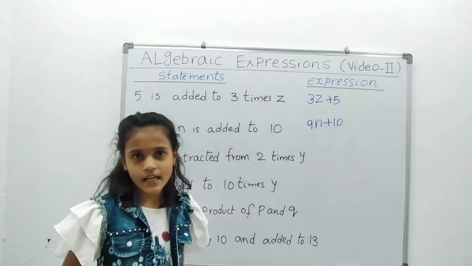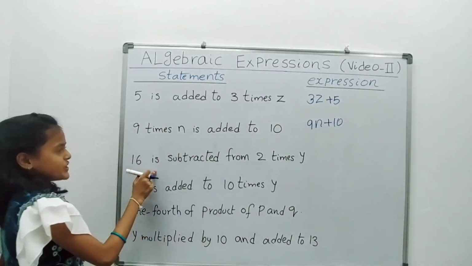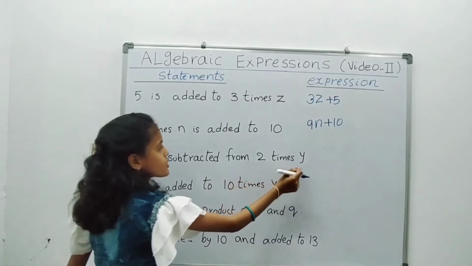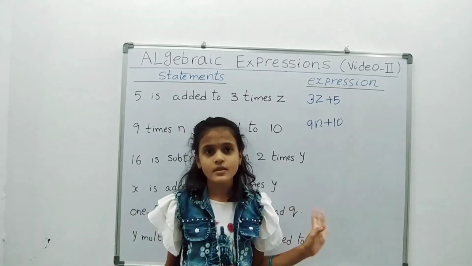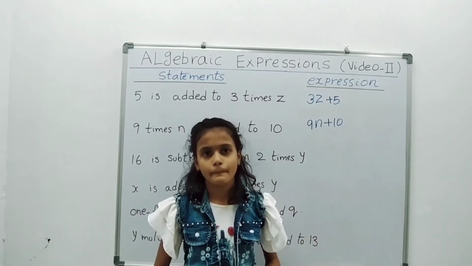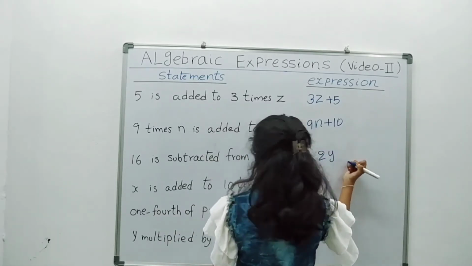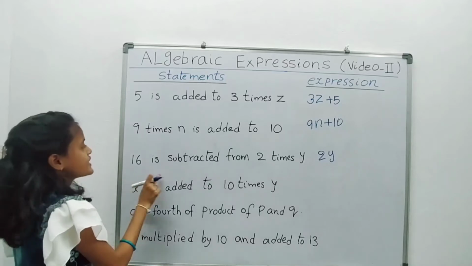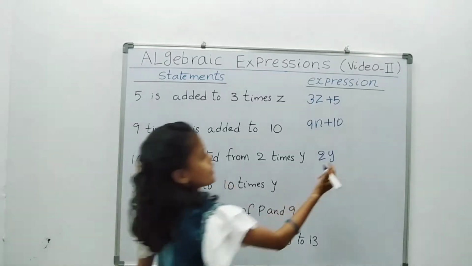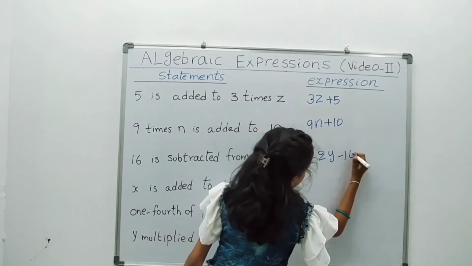Okay. And next, 16 is subtracted from 2 times of y. 2 times y is 2 into y means 2y. And next 16 is subtracted. 2y minus 16.